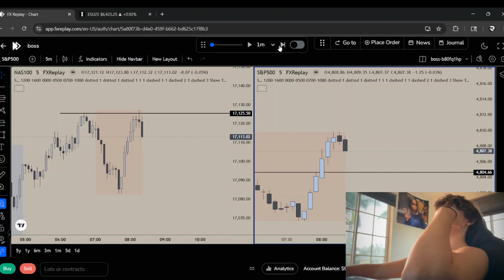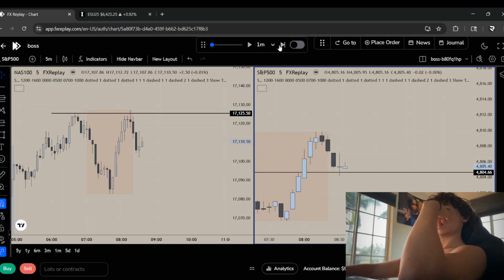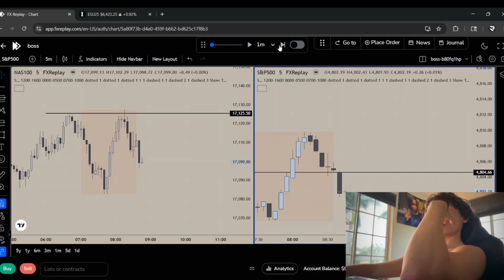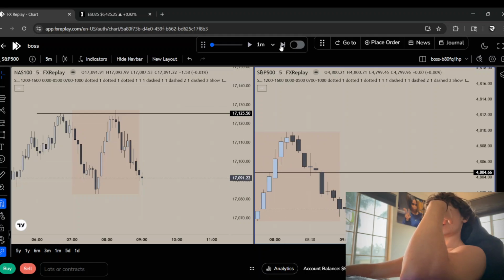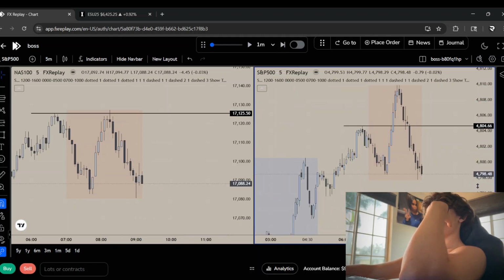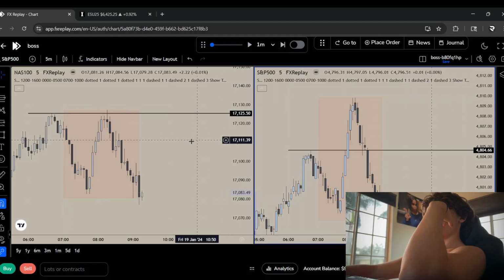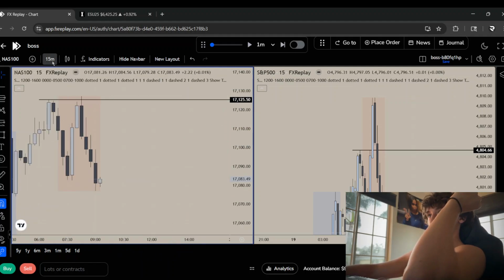Alright, we swept it on NASDAQ now. Filled the 5-minute gap. Nope. So 15-minute change in state of delivery.